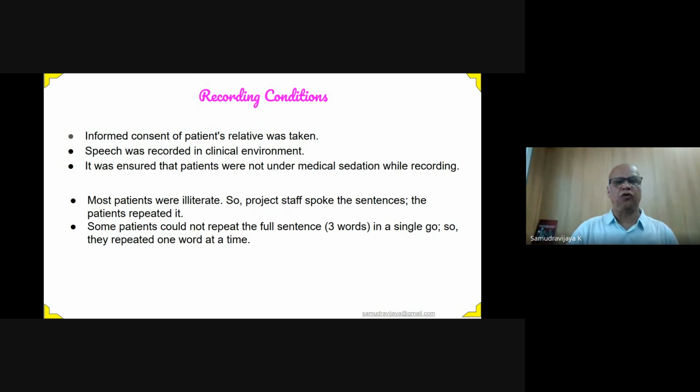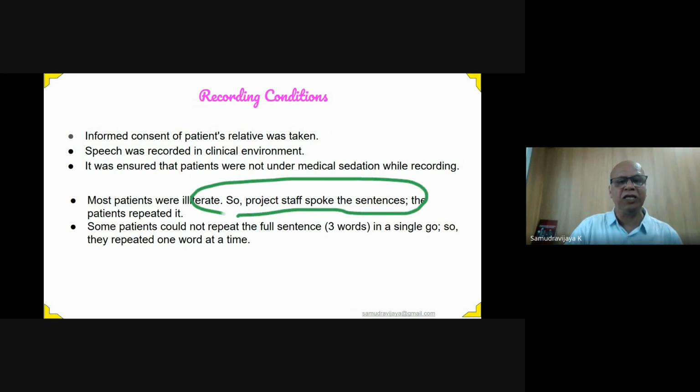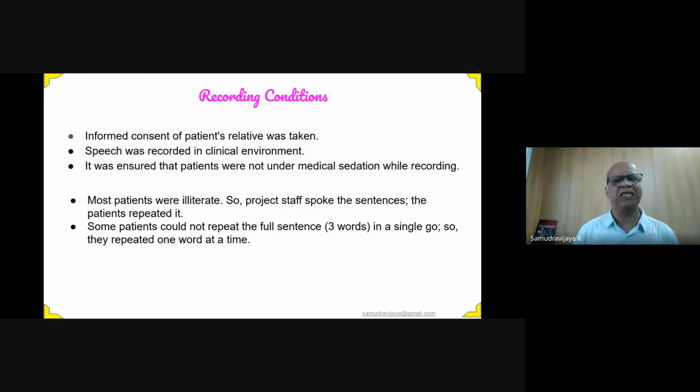So we resorted to the following. We had project staff and our research scholars read the sentence, a short 3-word sentence. The person heard it and repeated it. So we started the recording.